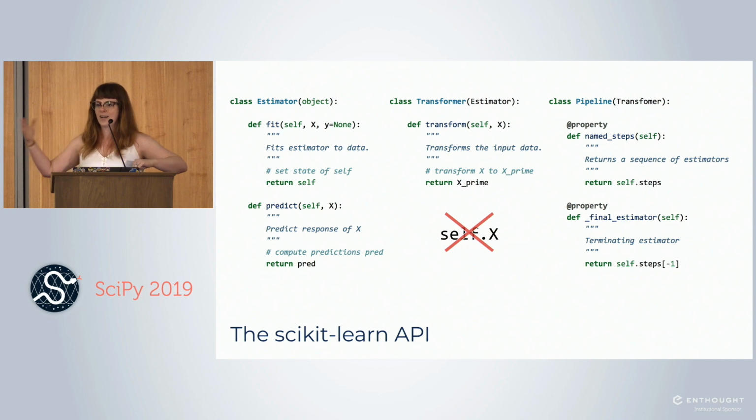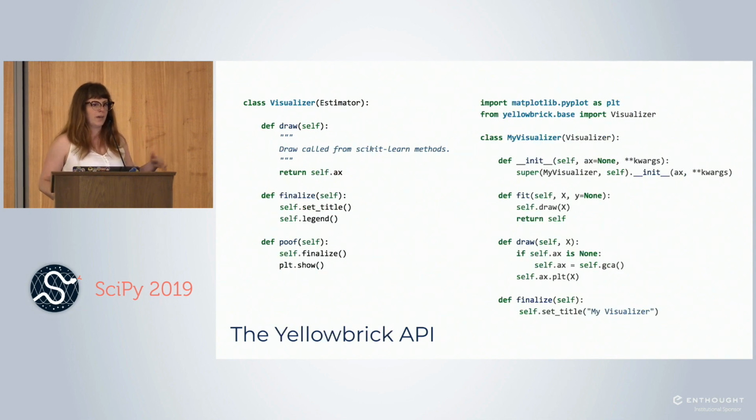So X is not an attribute on the estimator class. You are storing things like the score and the coefficients, but you don't store the data. So our Yellowbrick API has attempted to stay true to that promise. That ends up being really difficult, though, when you're doing visualizations.